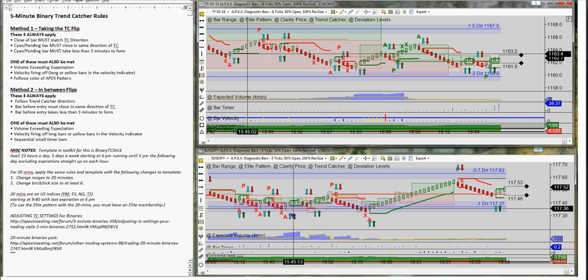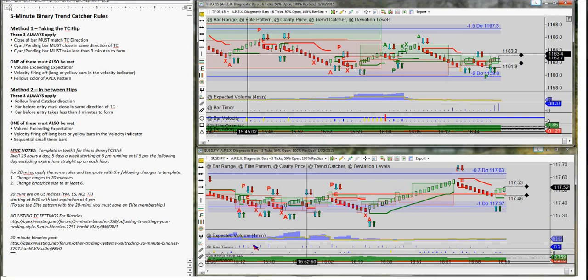Well, you're not always waiting till close, but if it went down, that would have painted that red arrow the minute it hits that. But if the bar is going the other direction, I'm not going to be so anxious to get in. You want it to stay the color that the trend catcher direction is going, because if it bounces down and hits it, then you don't want that trade.